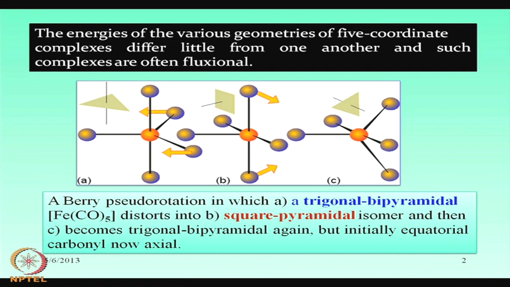So, the fluxional molecule in one particular form is changing to the other form, and from this particular form we can get a different type of trigonal bipyramidal geometry from the square pyramidal one. Initially in figure A, these two carbon monoxide molecules are moving from here to left and from here to left again.